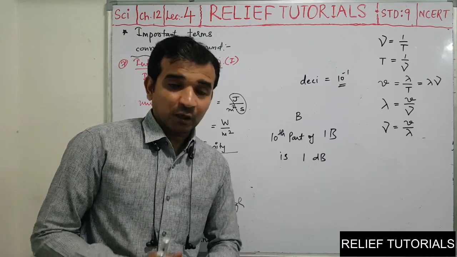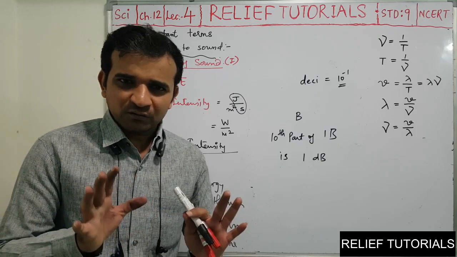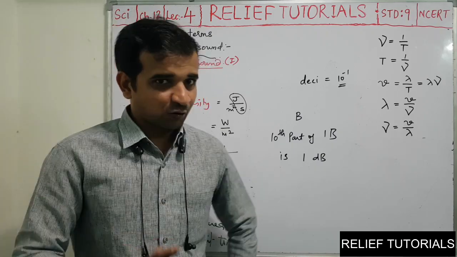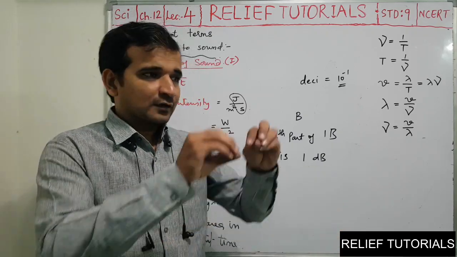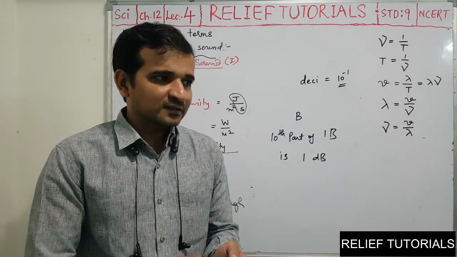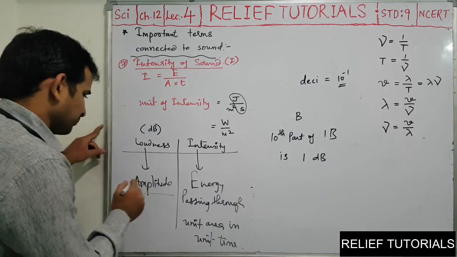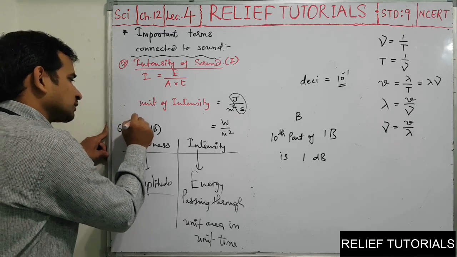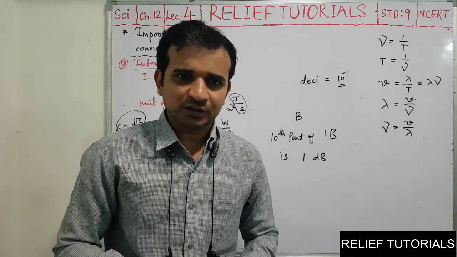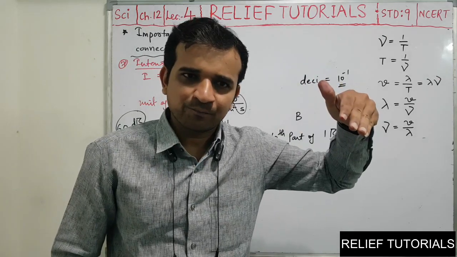So normally sound loudness is measured in terms of decibel. Just for your information, our normal conversation, not shouting, like when family members or friends are sitting at home and discussing something, happens at about 60 decibel. 80 decibel, 100 decibel is somewhat loud sound.